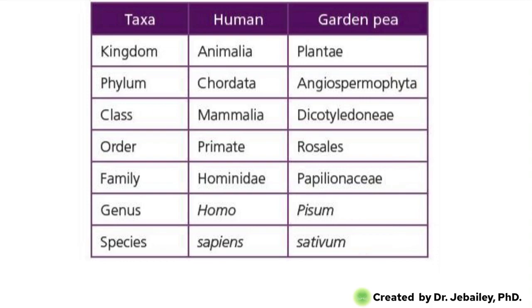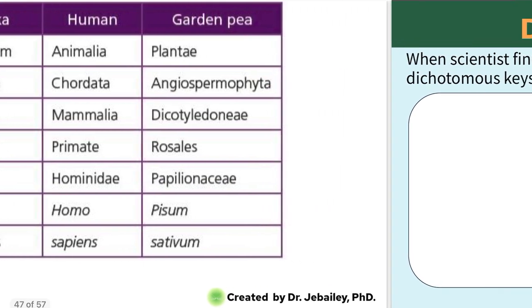Now, you don't have to memorize these two. You have the choice of choosing which animal and which plant you want to memorize, going from the kingdom all the way to the species. That is up to you. Has it fallen? I have seen it once. They asked about the human one, but I haven't seen them ask for these ones for the plants yet.